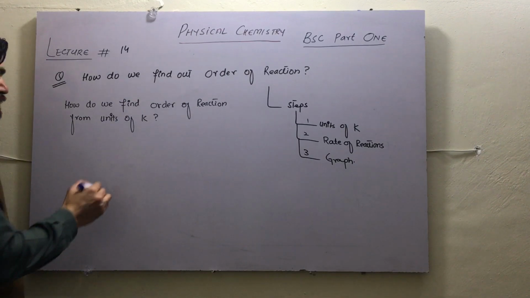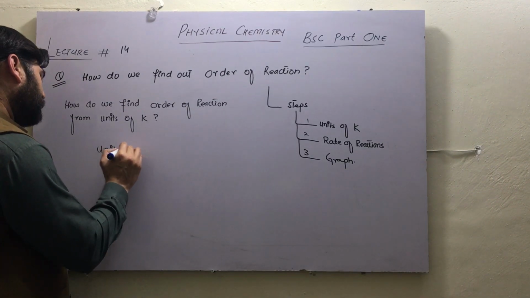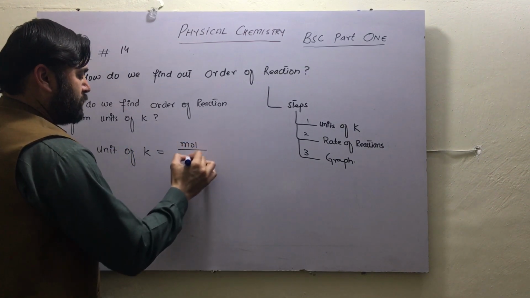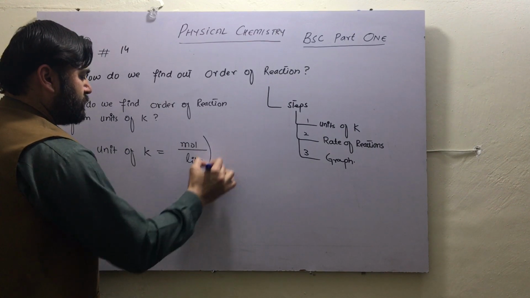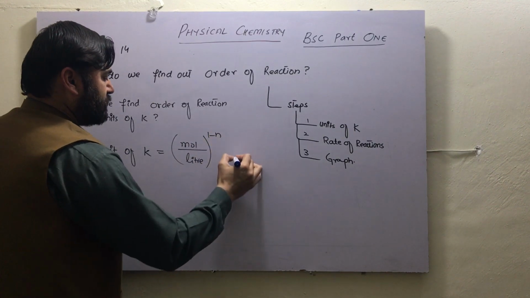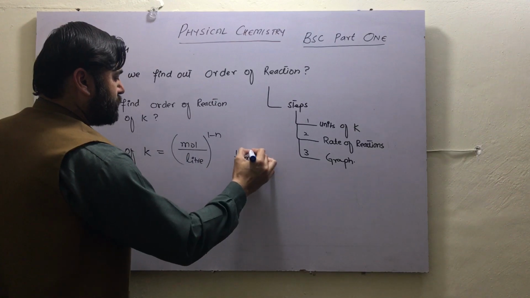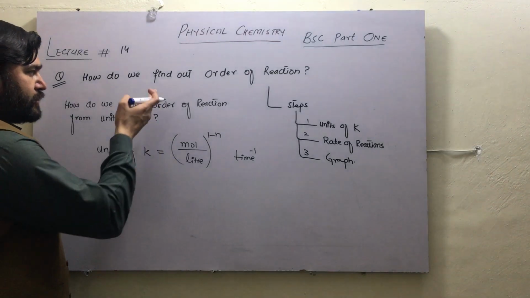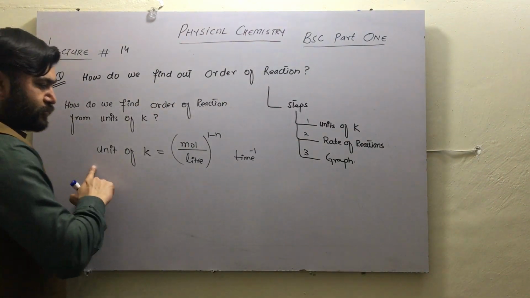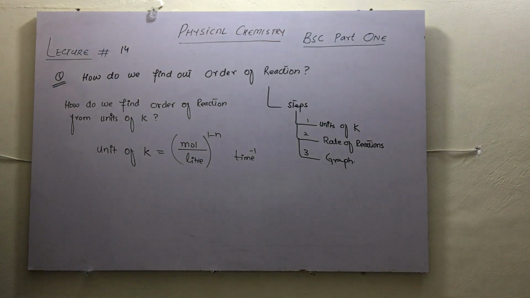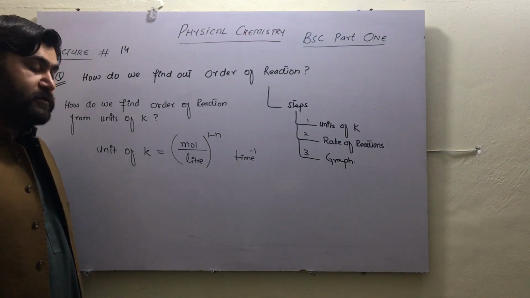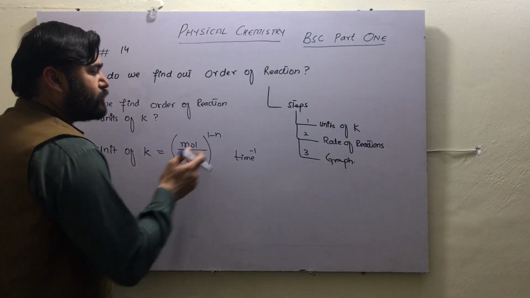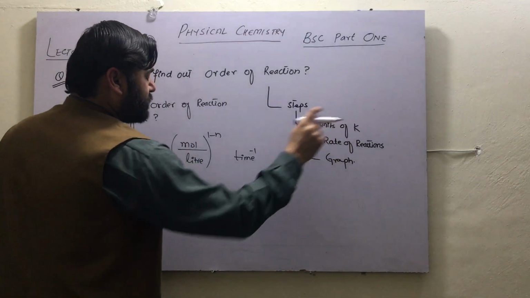The unit of k is mole per liter to the power 1 minus n and time raised to power minus 1. From this you can find which order it is. I told you this in the previous video. You can watch all these videos from my playlist of chemical kinetics, so you need not worry about this. But here our question is how to find the order of reaction from the unit of k.